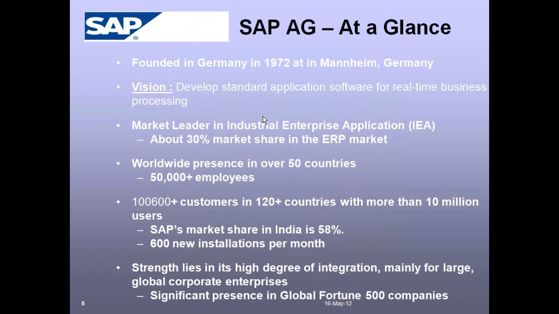SAP's market share in India is about 60%, with 600 new installations per month across the world. That's SAP's strength. Why does everybody go for SAP? Why not the other ERP software tools? The basic reason is that SAP's strength lies in its high degree of integration, mainly for large global corporations.